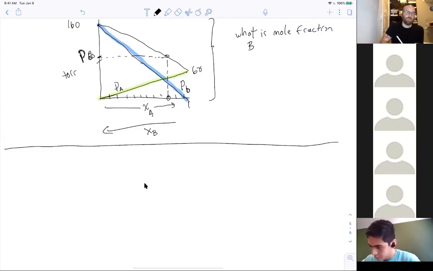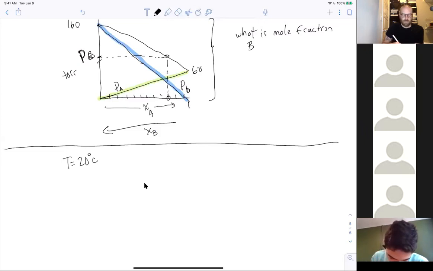Yeah, so they're saying our temperature is 20 degrees Celsius, and then we have a solution that's 0.61 grams. Why do they give you naphthalene? 0.61 grams of naphthalene.